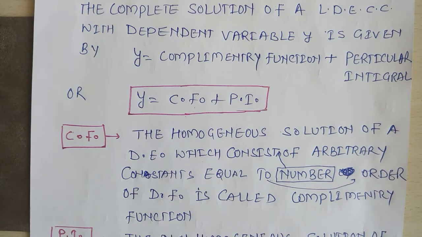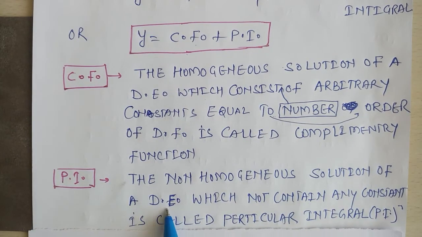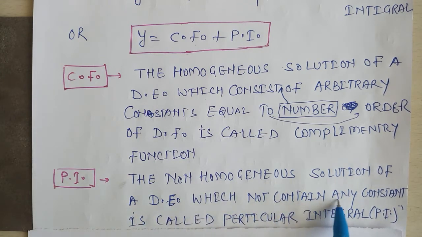Now the particular integral is the non-homogeneous solution of the differential equation LDCC. The non-homogeneous solution of a differential equation which does not contain any arbitrary constant is called the particular integral. So CF is the solution of the homogeneous part only, and PI is the non-homogeneous solution of the given LDCC.